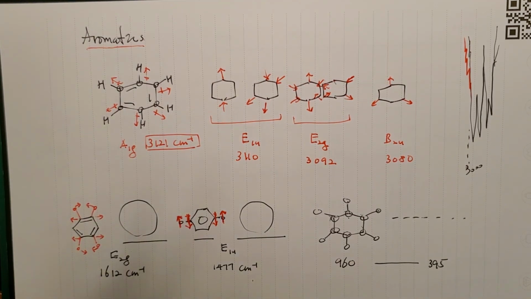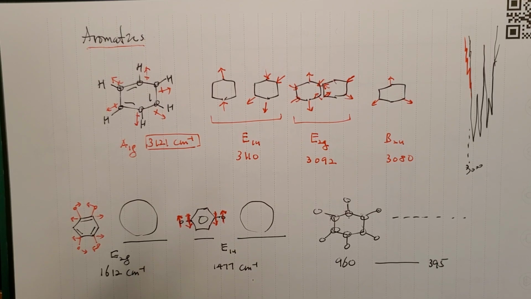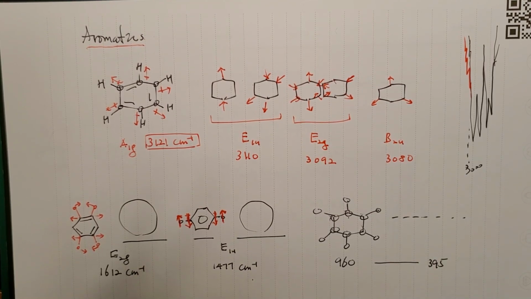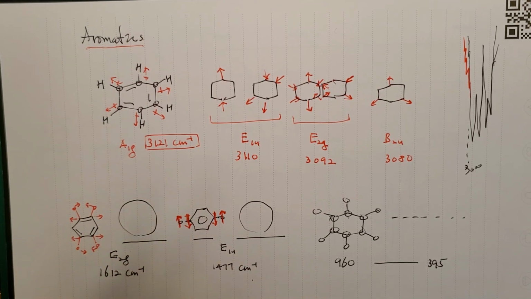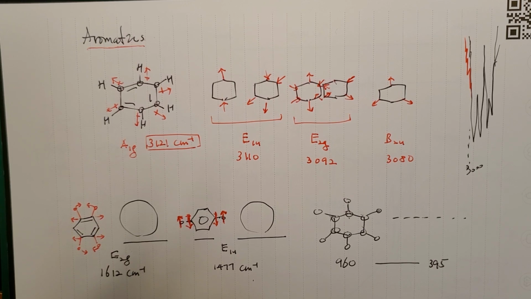So I didn't list all 20 something vibrations of the ring, but out of the 4, I showed these 2 double bond vibration modes that are relatively visible, because those 2 numbers are greater than 1450, where the bending vibrations of other CHs and everything else start. So we normally use them to say you have a benzene ring.